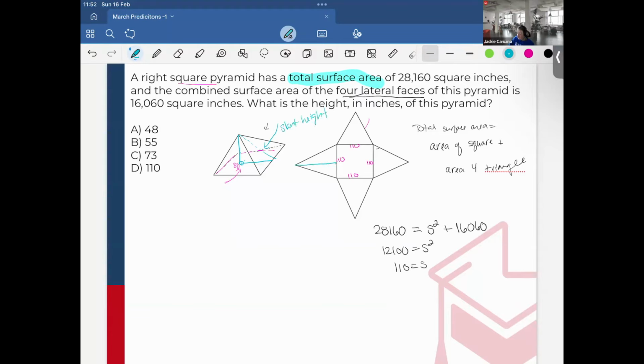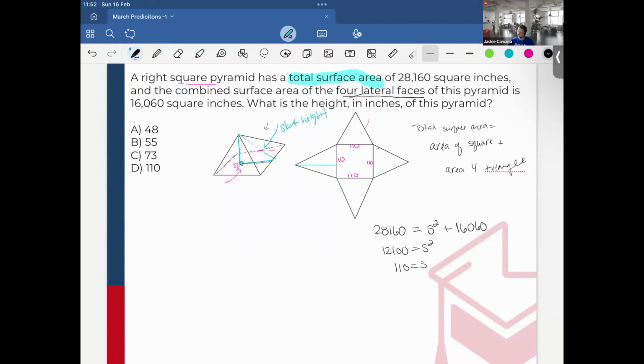So what do I know? Right now I know this, because this would be 110 divided by 2. And I need to find the slant height.